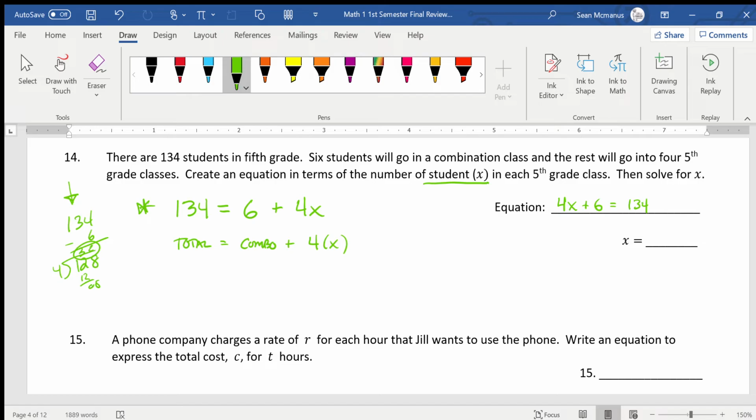And we kind of just solved it over here the quick way, but if we did it the right way, showing our work and everything, I would subtract the 6, get 4x equals 128, and divide by 4, and the x would be 32.